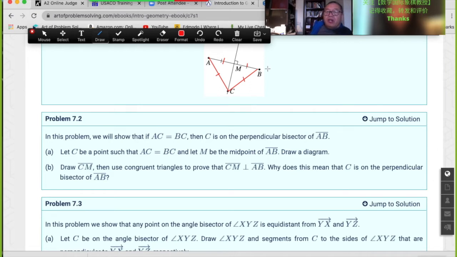And can you tell me how you prove this? You still need to use congruent triangles. Can you find two triangles that are congruent?